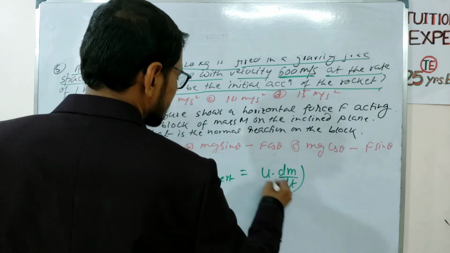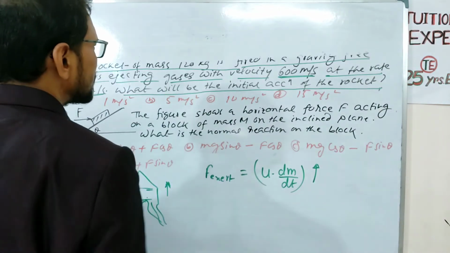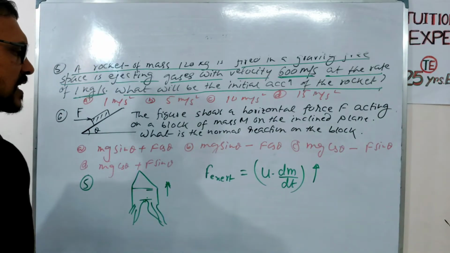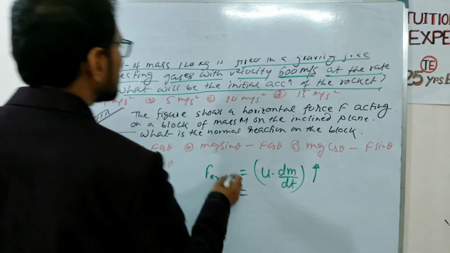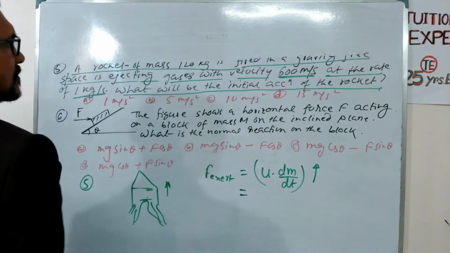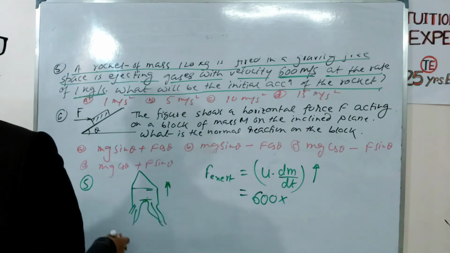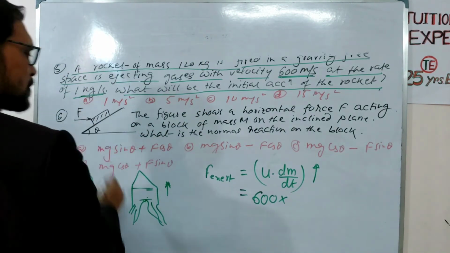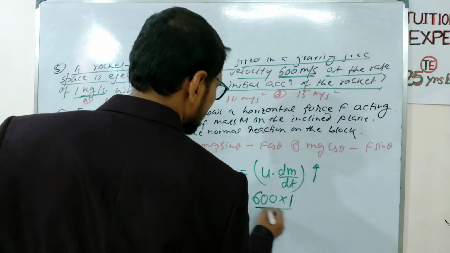This is the formula. This force is exerted upward, where u is the velocity of ejection of gas and dm by dt is the rate of ejection of the gas. So here u equals 600 and dm by dt, the rate of ejecting of the gas, is 1 kg per second. So this is the force exerted.